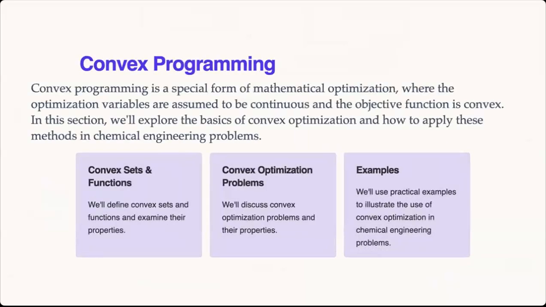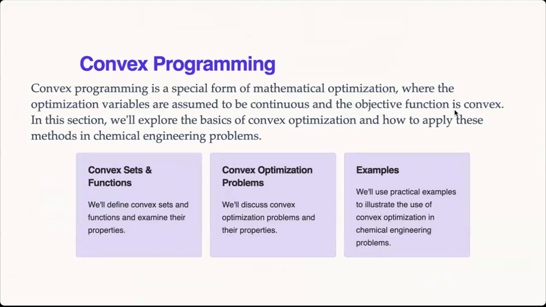So convex programming is a special form of optimization problem where the optimization variables are assumed to be continuous. The first thing is your variable must be continuous. All the decision variables must be continuous, cannot be integer, right? And the objective function is a convex function.